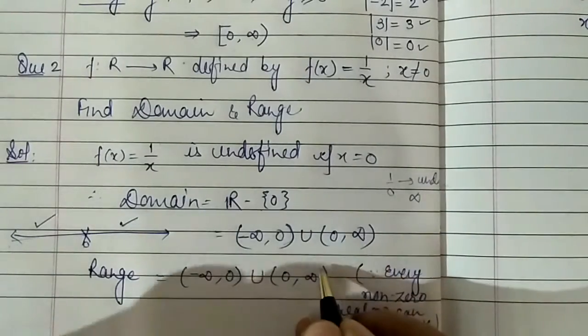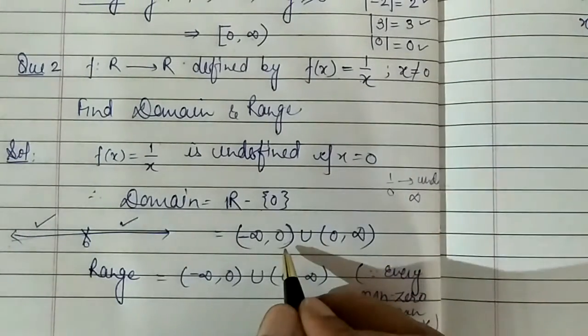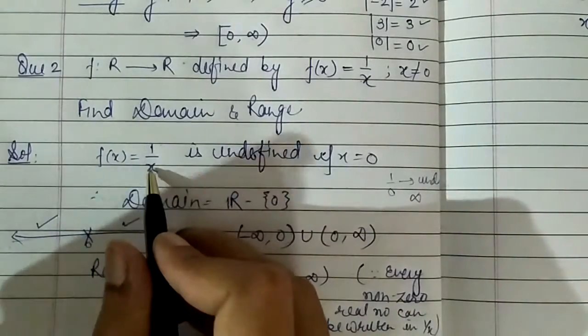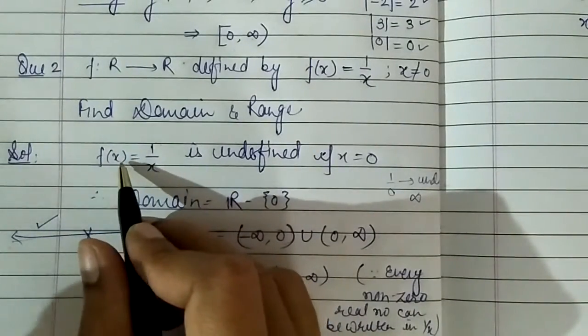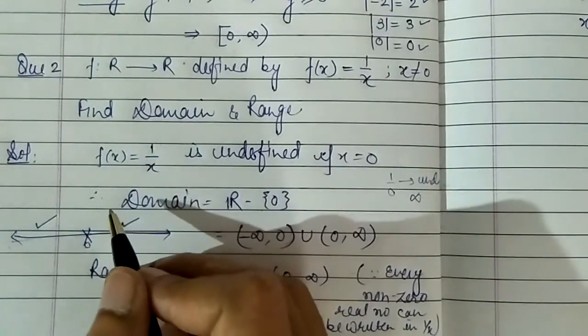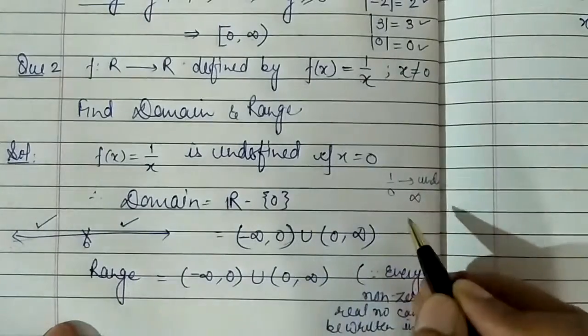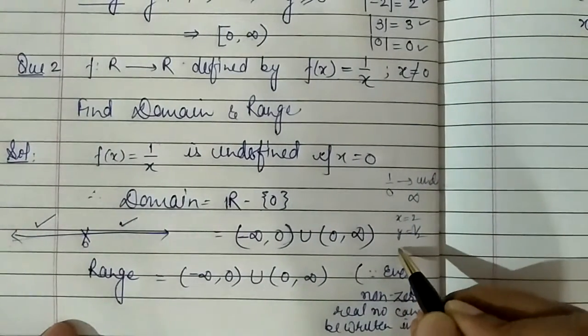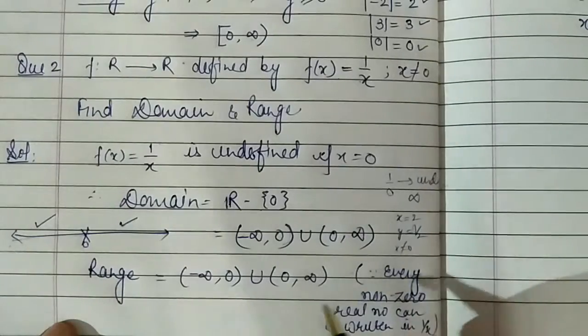Now come to the range. If domain is the collection of all non-zero real numbers and we put those numbers here, y will be the collection of non-zero real numbers. See, if x is 2, y will be 1 by 2. x is not 0.